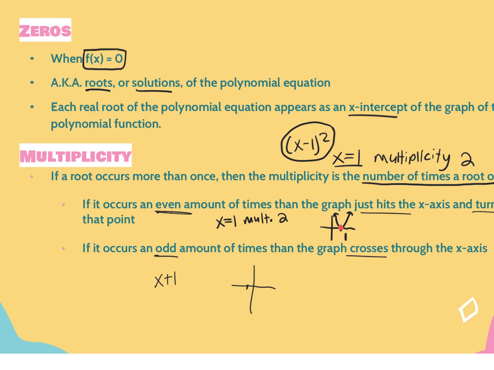You know that plus in your function is going to go in the opposite direction, and it goes 1 up as well, right? So something like that. Notice at this point right here, it crosses, right? It doesn't touch and turn. It actually goes through the x-axis, right? Again, if that concept is a little confusing, don't worry, we're going to do a couple examples where we're going to tie everything together pretty nicely.